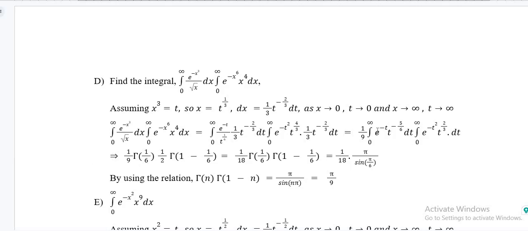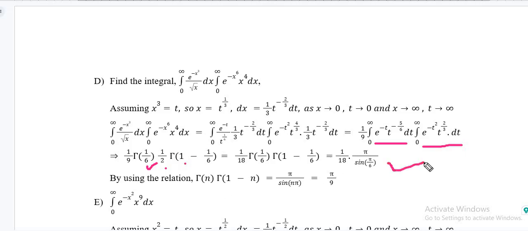gamma 1 by 6. So the first integral is given as gamma 1 by 6, because this factor is n minus 1. And the second integral, you have e to the power minus t squared, so this is half. We can take half over there, and gamma 1 minus 1 by 6. So simplify this one.